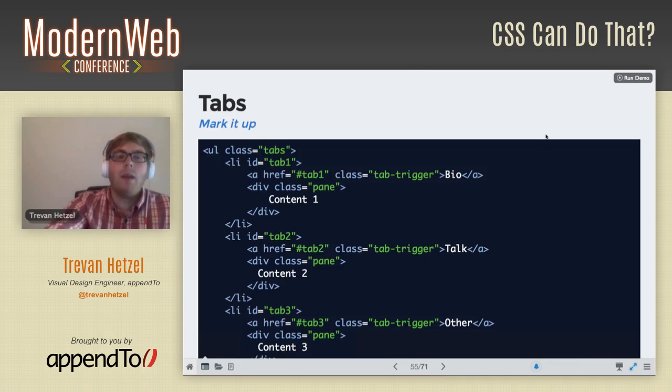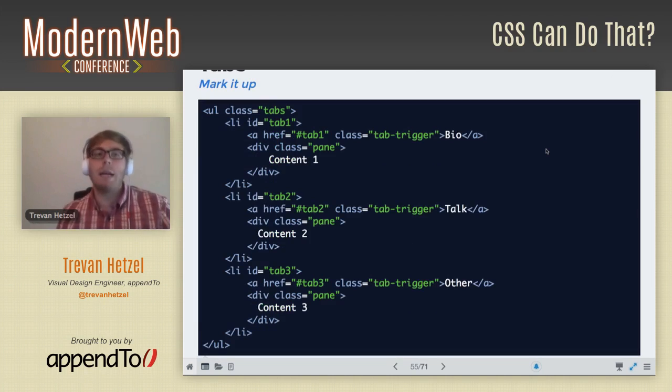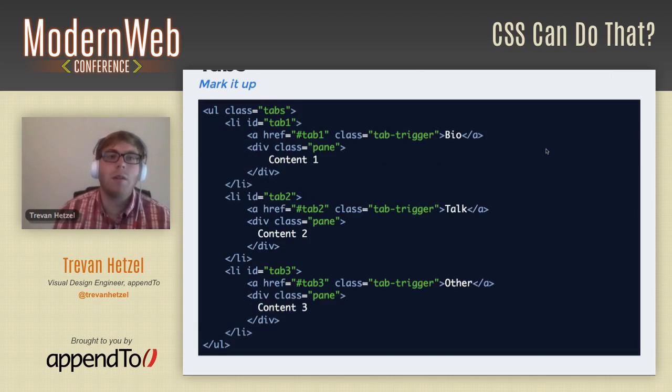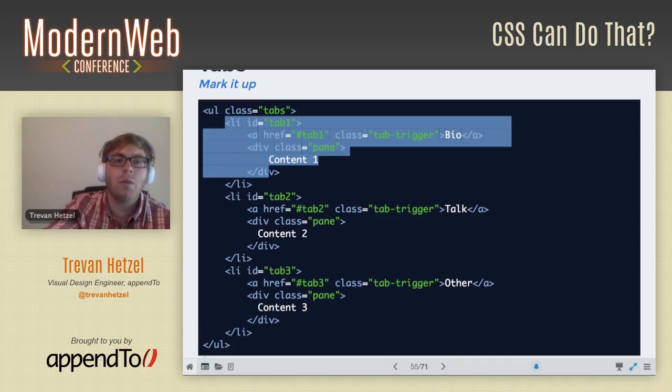Marking it up. If you just Google CSS tabs, there are several ways to mark it up. I like this way just because I like to have everything contained under one element, so I start with an unordered list and give it a class, and then each pane and trigger, as I call them, are under their own list items.